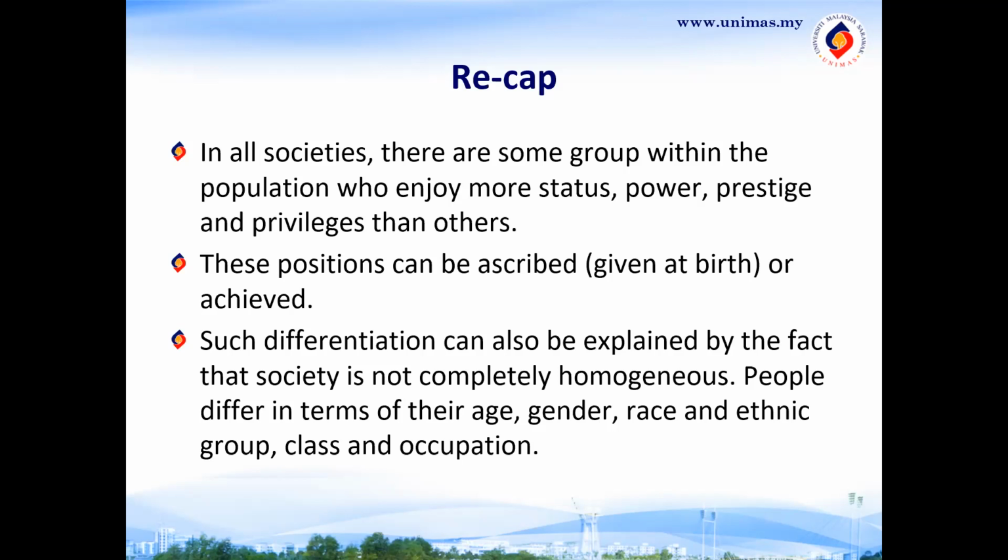So they differ not only in terms of their age, but also in terms of gender, race, ethnic group, class, and also occupation. There are so many ways of classifying people and trying to differentiate between the different levels or positions within the society.